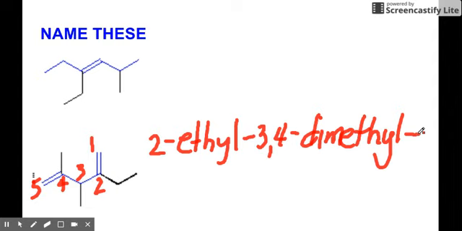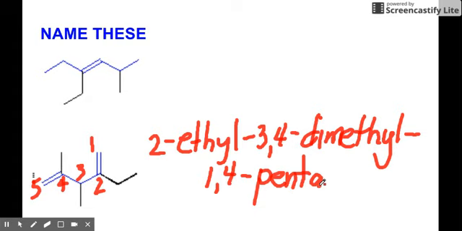Let's now put the location of our double bonds. Our double bonds are in carbons 1 and 4. Again, choose the smaller number between the two carbons sharing the double bond. So that's going to be dash 1, comma 4. And as we have said, because there are two double bonds, we begin with the prefix for 5 carbons, which is penta, but then there are two double bonds, so we will use diene.